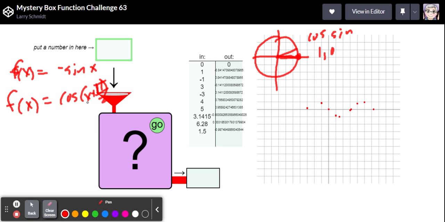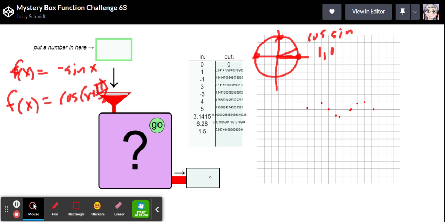If we put in, for example, 0, and we added pi over 2 to it, it would be up here at pi over 2, and the cosine of that would be 0, which is where we start. And if we put in pi over 2, that would be pi, and so the cosine should be -1. And that's where we're at at pi over 2. All right, so either one of these works. These are actually the same function, and I think we've got it.